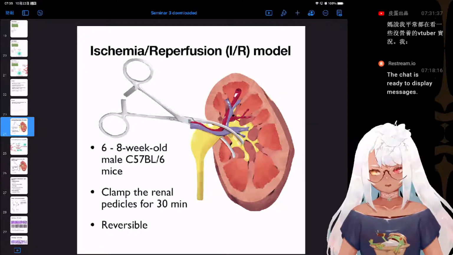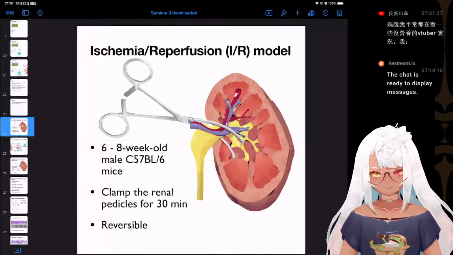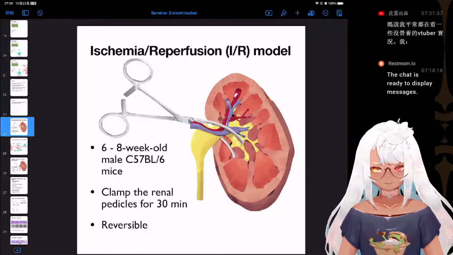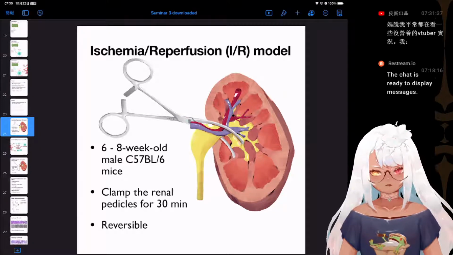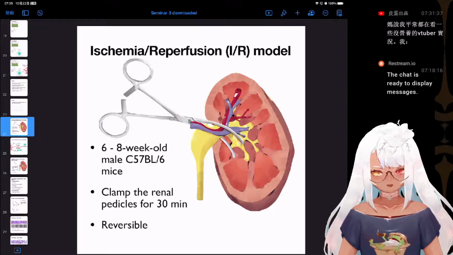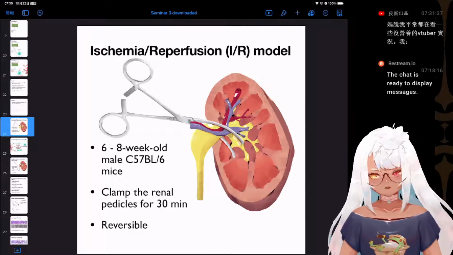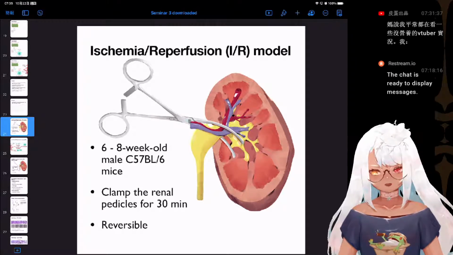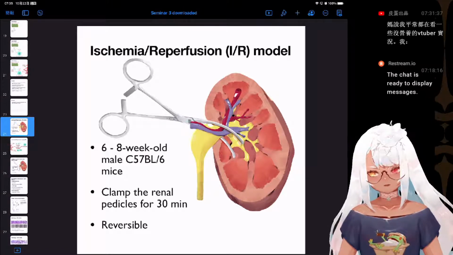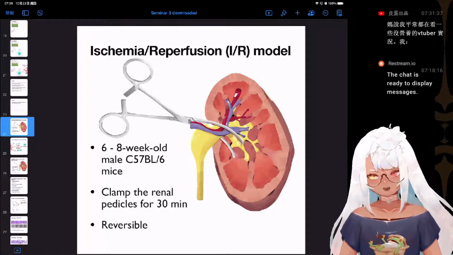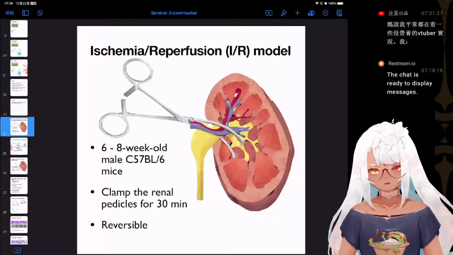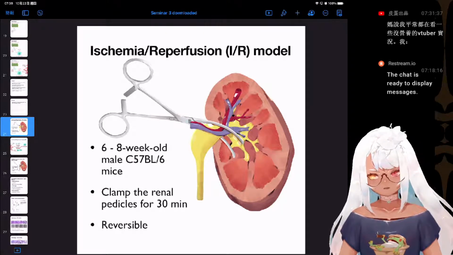In these mice, both of the renal pedicles are clamped for 30 minutes. In this state, because it's clamped, the blood vessels are not working because of the lack of blood, and this is what we call the ischemia state. After 30 minutes, it's released, and this is the reperfusion state.